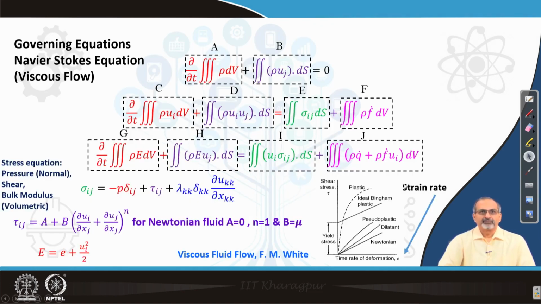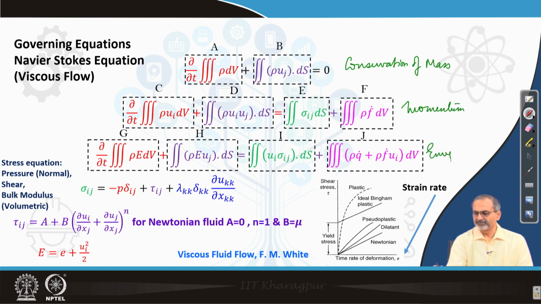Let us look at the governing equations of fluid flow in a more generalized framework to begin with in the viscous domain, which are the famous Navier-Stokes equations. And we basically talk about conservation of mass, momentum and energy.